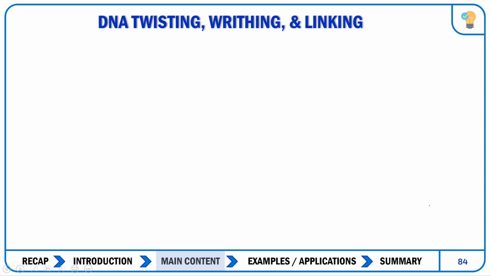So just a couple more slides. They basically have to do with DNA twisting and writhing. And this is just a very general overview of just another way to look at DNA.